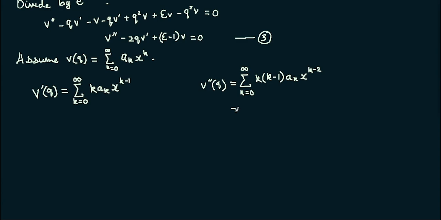This sum can equivalently be written as the sum from k equals 0 to infinity of (k plus 2) times (k plus 1) a_(k+2) times x raised to k.